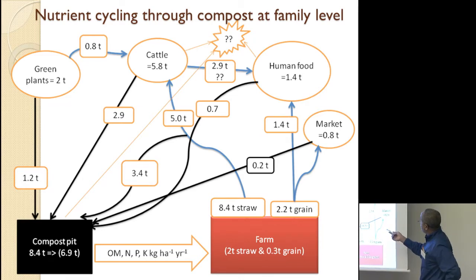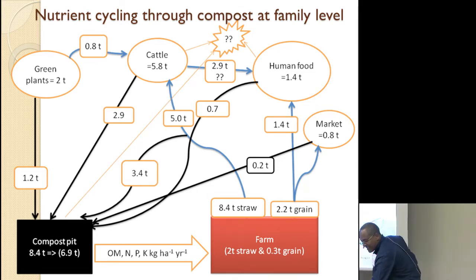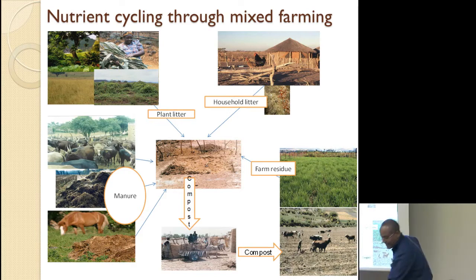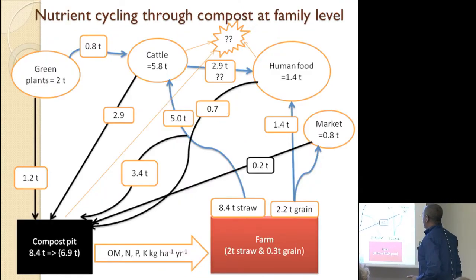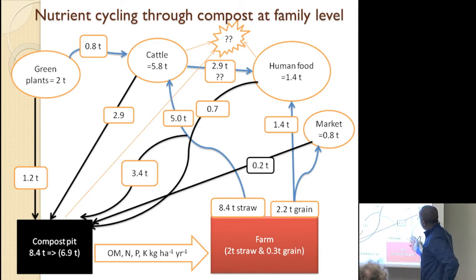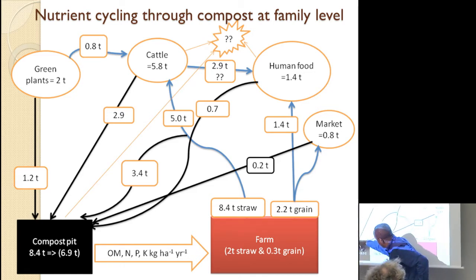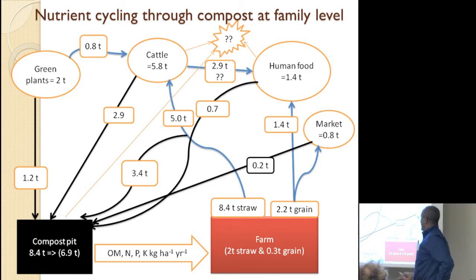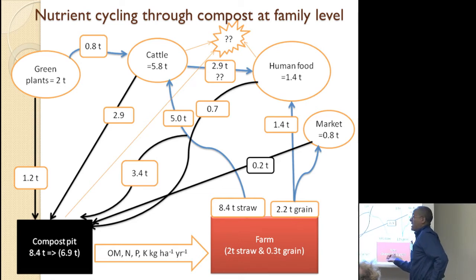My professor insisted that I draw this one into this one, and that all that is produced goes to humans and comes into compost and produces, which also goes to the field.